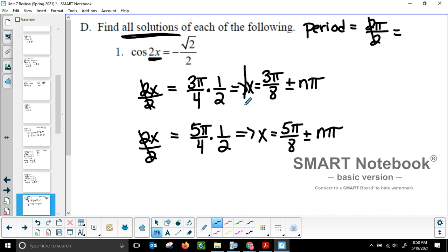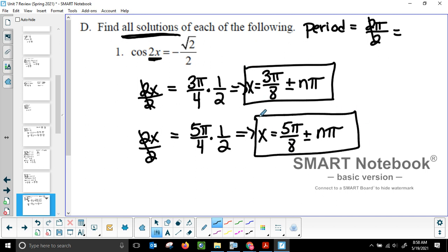And we're done. This will cover all of our solutions. In some respects, it's easier than finding the solutions between 0 and 2 pi because I don't have to keep adding my period and check to see if it's between 0 and 2 pi. I just knock out the infinite solutions that there will be.